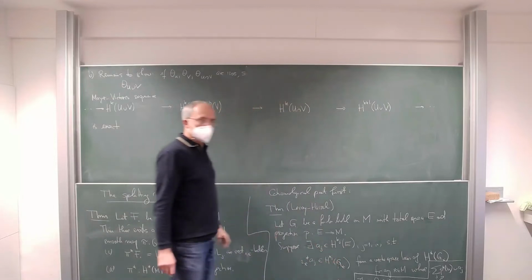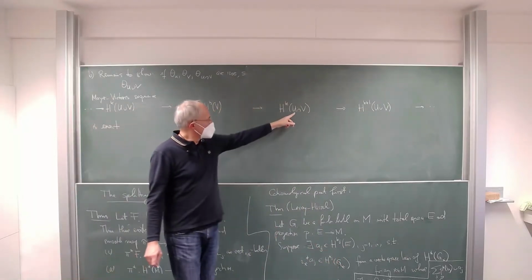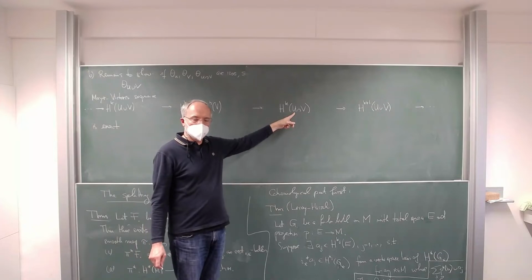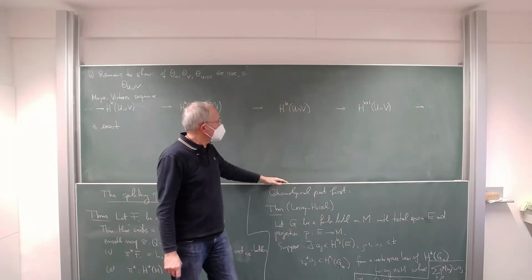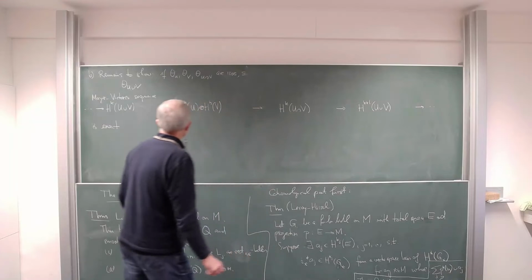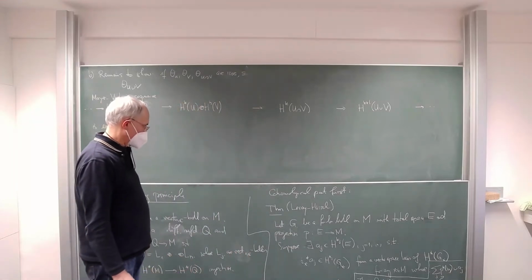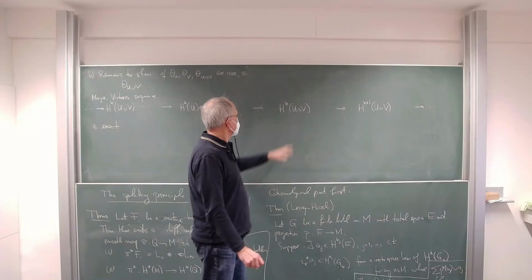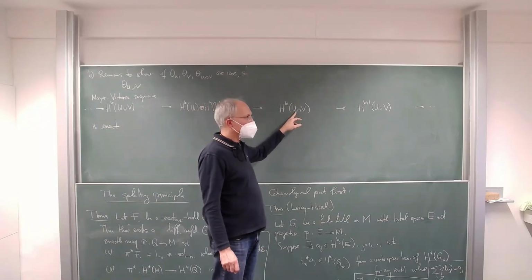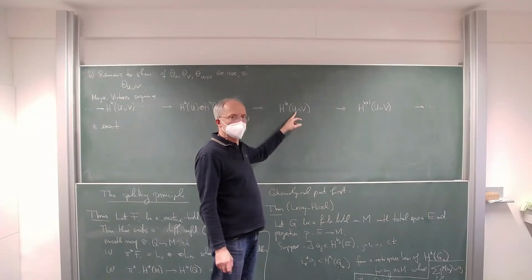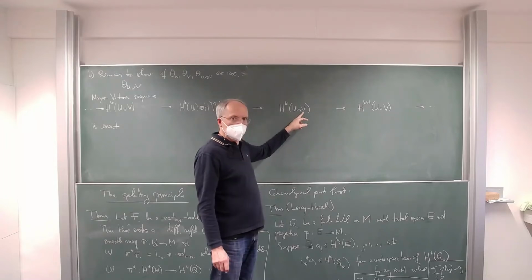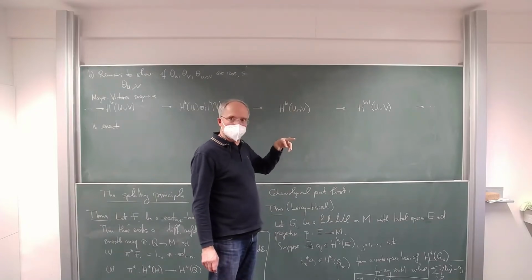And how does that work? So we take a cohomology class in the intersection, which is represented by a closed form. Then we extend this form from the intersection to U somehow, and also from the intersection to V somehow, and take their differentials.